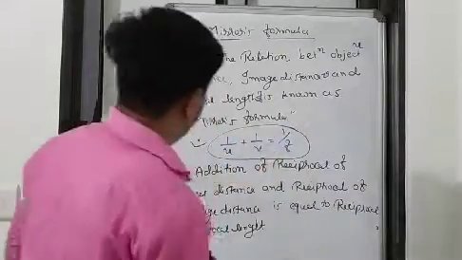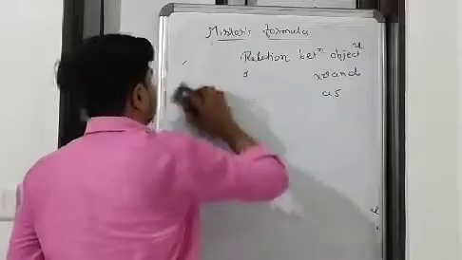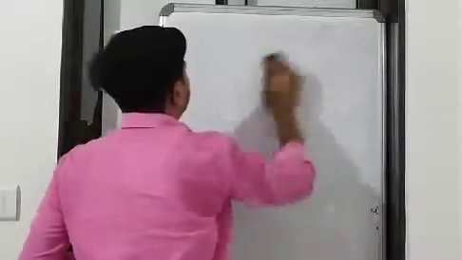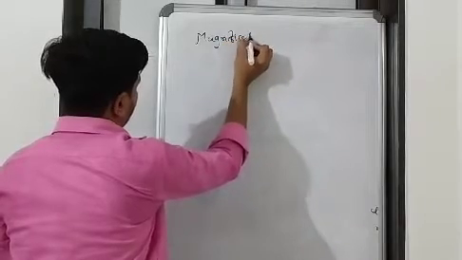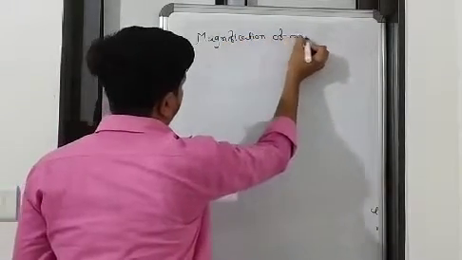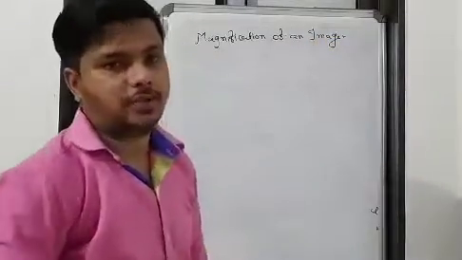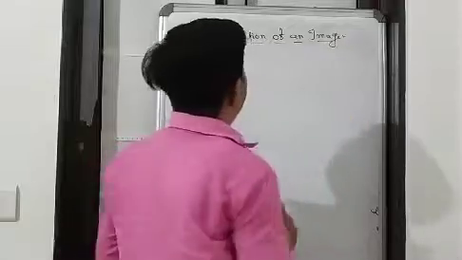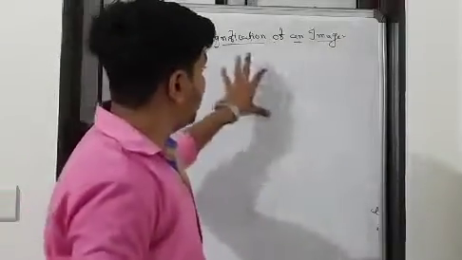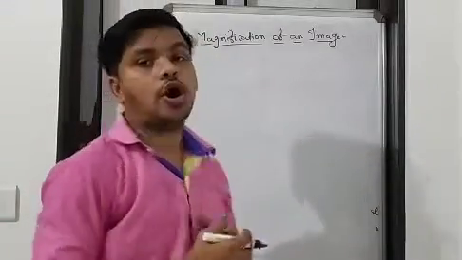And the last topic for today is the magnification of an image. What is magnification? Generally, it shows you how much bigger or how much smaller the image is than the object.